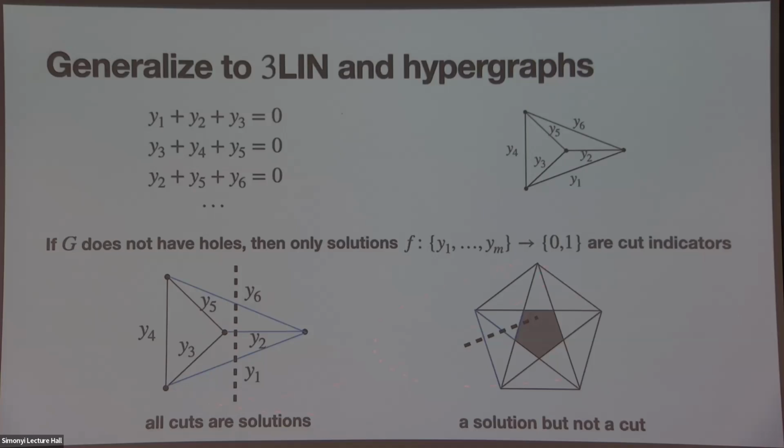But if we instead have a complex that has a hole, this one in the middle, these five edges form a hole. In this kind of graph, we can have these three edges colored blue. They are also a solution if we check, but removing them doesn't disconnect the complex. So it's not the case that all solutions are cuts in this case. But we go back and focus on the complexes without holes case.